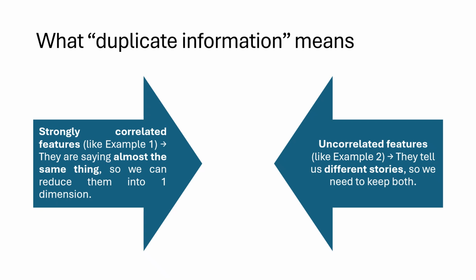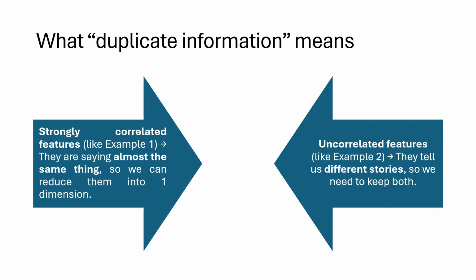So what do we really mean when we say duplicate information? If two features are strongly correlated, like in example 1, they are basically saying the same thing. That means we don't need both. PCA can safely reduce them into one dimension without losing much meaning.